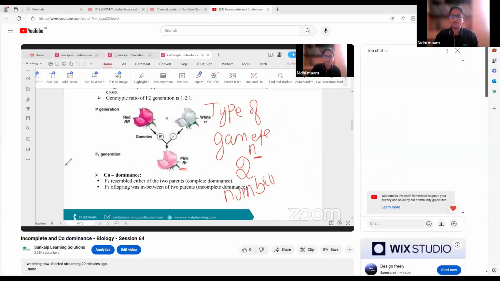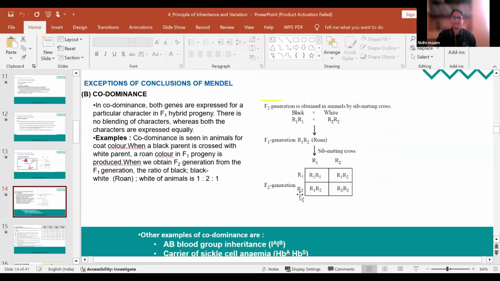So this is one example where we can see an exception to Mendel's laws. One more phenomenon we have is called codominance. See here the term co. So what is this, we will discuss now. In codominance, both genes are expressed for a particular character in the F1 hybrid progeny.